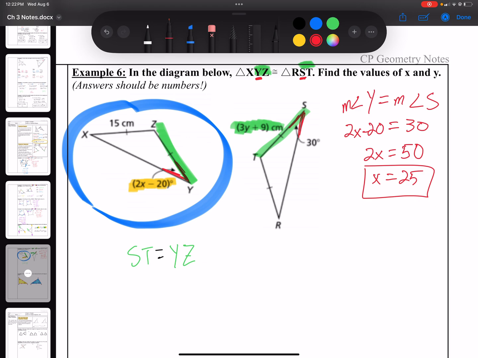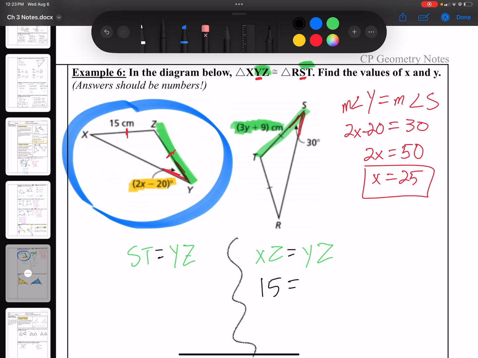They both have a tick mark, which means we know that XZ, I'm going to write this over here just so you can follow along. According to those tick marks in the picture, I know that XZ is equal to YZ. And they told me XZ was 15, which means YZ also has to be 15.